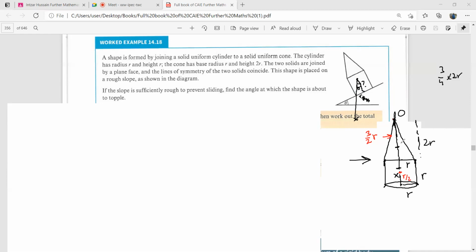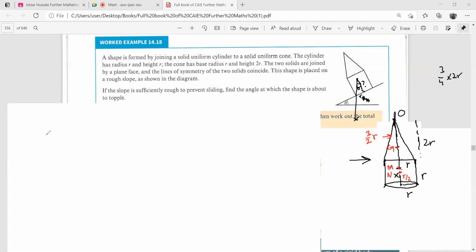If I keep this point as G here, and this point as M here, I have to find this point N, which is going to be the center of mass of the whole solid. We are not sure if N is going to be above M or below M, so I'll just assume that N is over here. I think this would be above M because the cone is at the top.